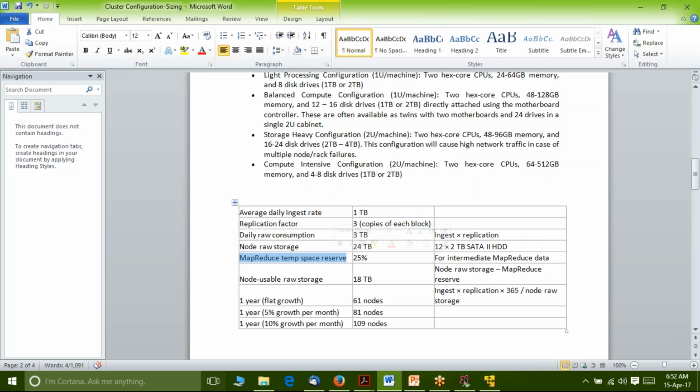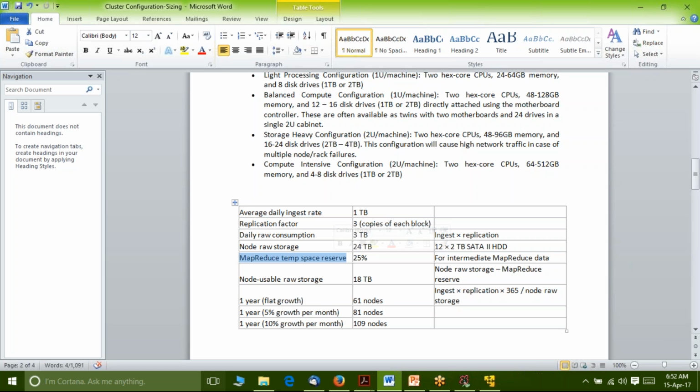Absolutely. For processing, we need temp space. It may not be exactly 100% right, but it is a concept only in the context of MapReduce, because your MapReduce job execution happens in phases. It will not happen in one phase, it will happen in multiple phases.